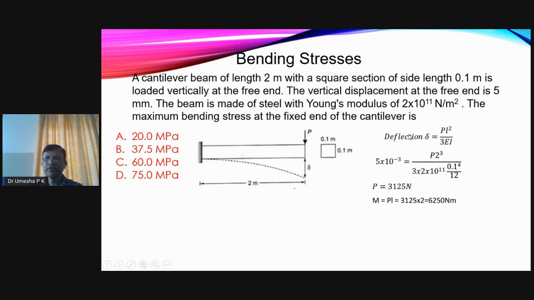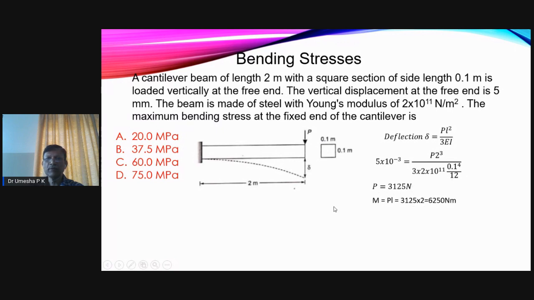That is equal to the deflection given, 5 mm, that is 5 into 10 to the power of minus 3, equal to P L cube. We convert everything into meter: P into 2 cube divided by 3 into 2 into 10 to the power of 11, which is the E value, into 0.1 to the power of 4, that is I. I is equal to BD cube by 12. B and D are both the same, that's why 0.1 to the power of 4 by 12. So we'll be getting the value of P.